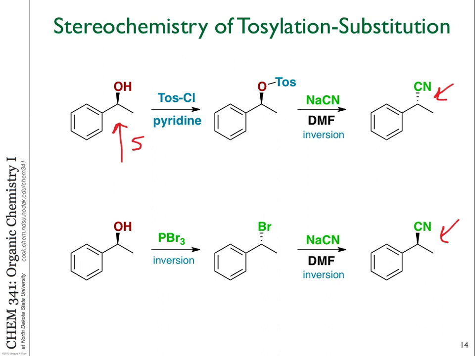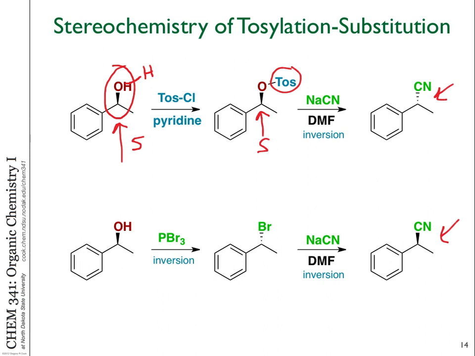Because if we make a tosylate, we have the original S configuration of the alcohol. All we've changed is we've replaced the OH bond with the O-tosylate bond. We have not affected or changed the C-O bond at all, so that doesn't change the stereochemistry. This is still S.